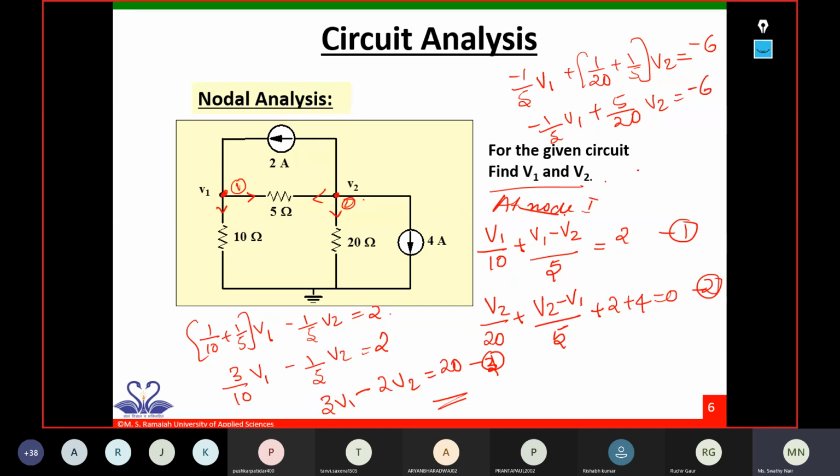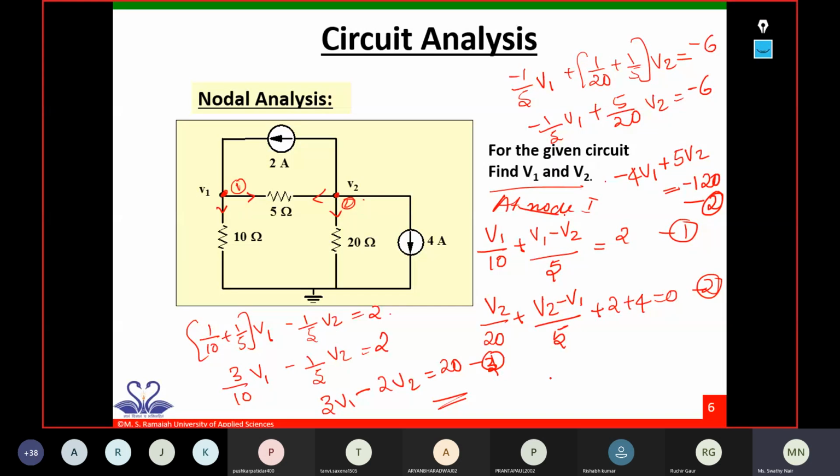Again taking 20 as LCM: minus 4V1 plus 5V2 is equal to minus 120. Equation number 2, or 4V1 minus 5V2 is equal to 120.